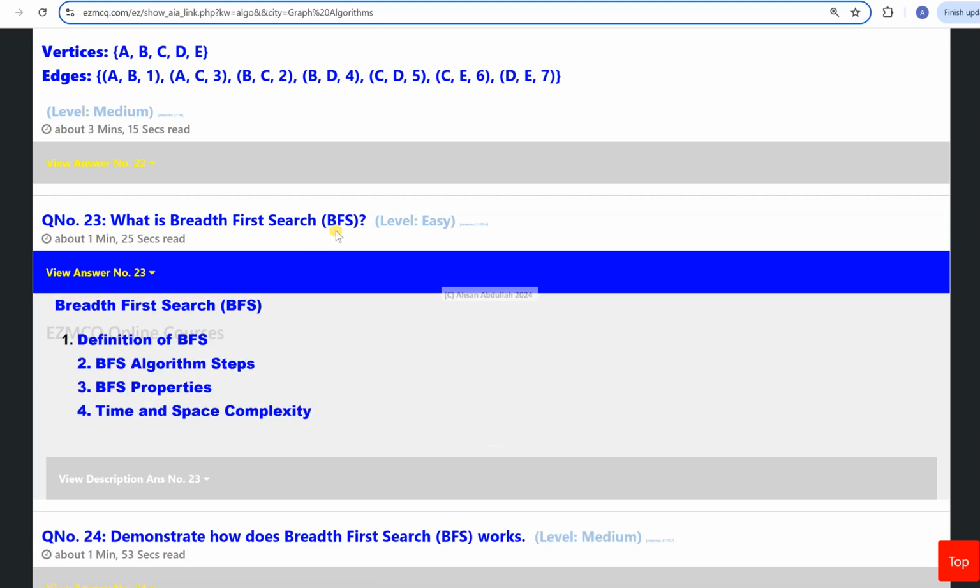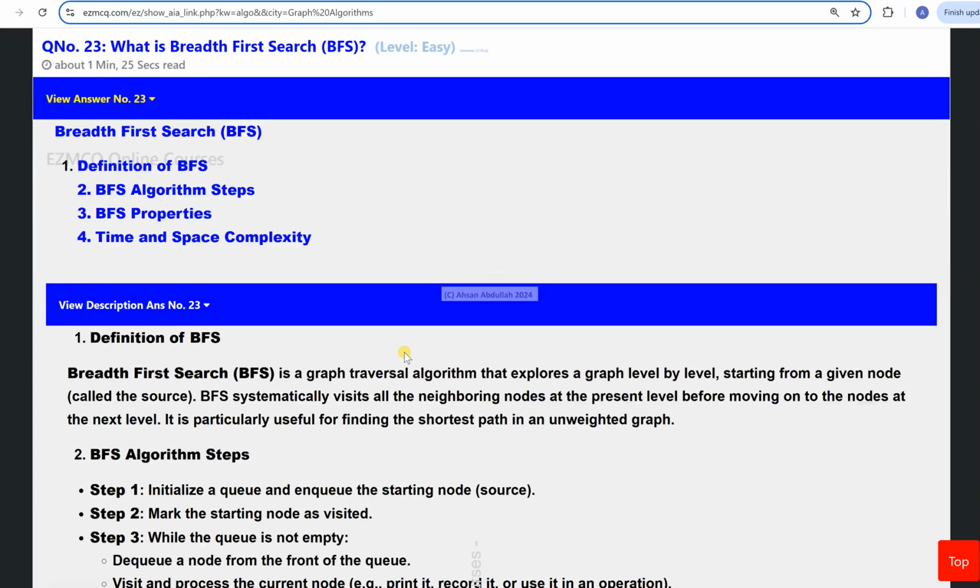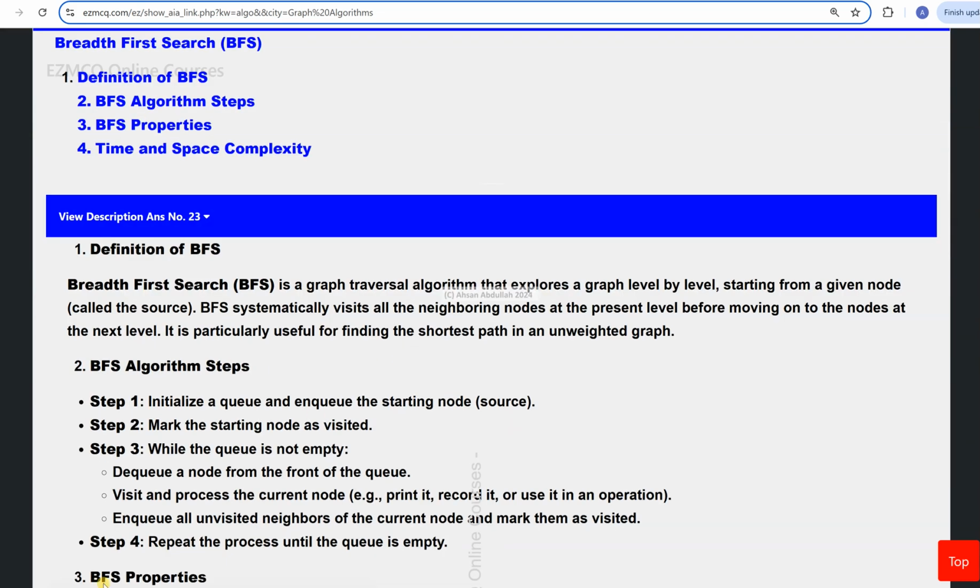So what does breadth first search do? Of course, it is an algorithm, so it will find the result, and it works for the unweighted graph. There are certain properties, and we look at the space and time complexity. The special feature of breadth first search is that it explores a graph level by level.